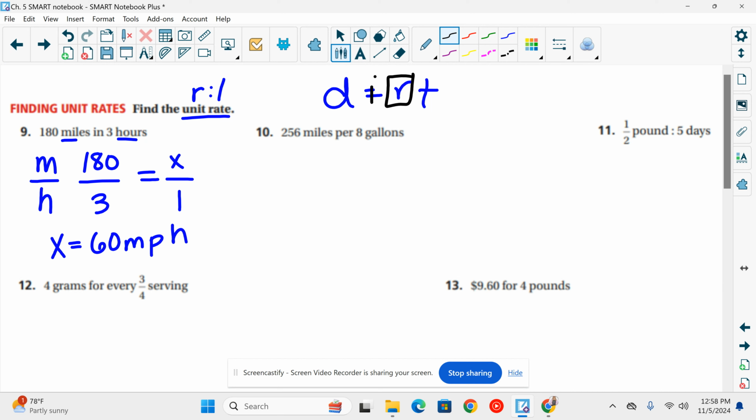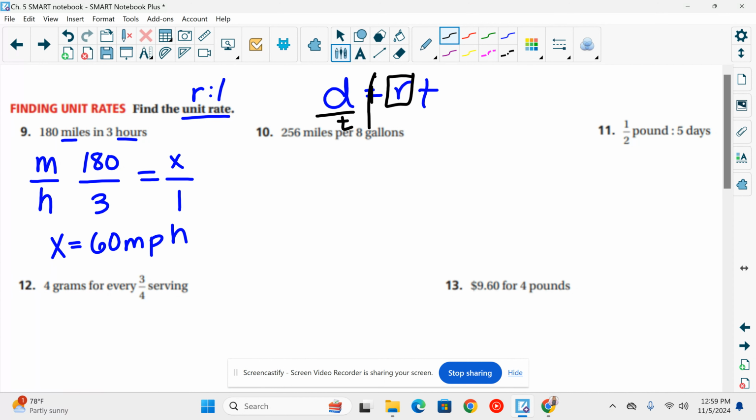What do I have to move to get the rate all by itself? The T. Well, to move the T, I have to do the opposite operations like we learned in the last chapter. Right now it's multiplication, so I'd have to do distance over time. I did miles over hours.